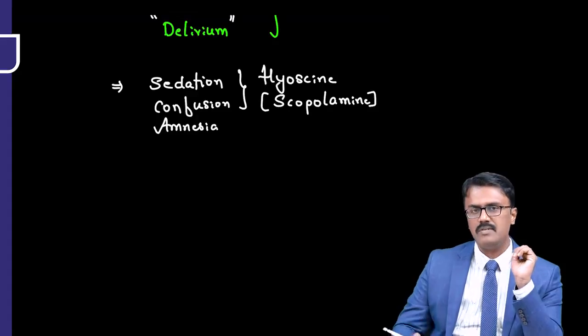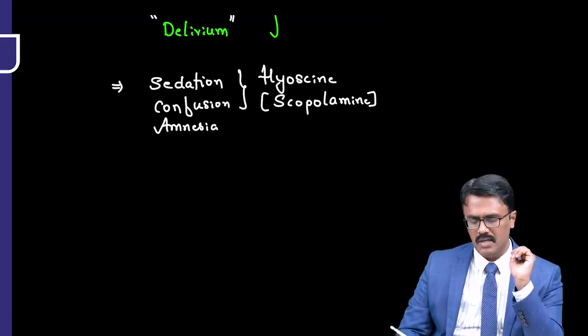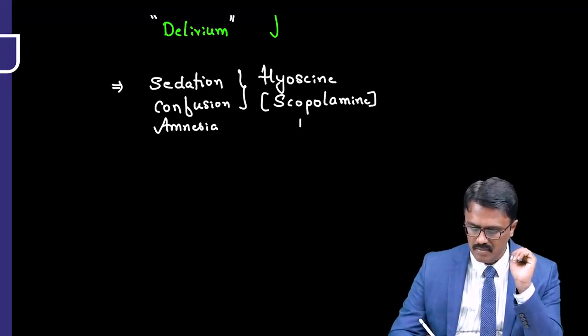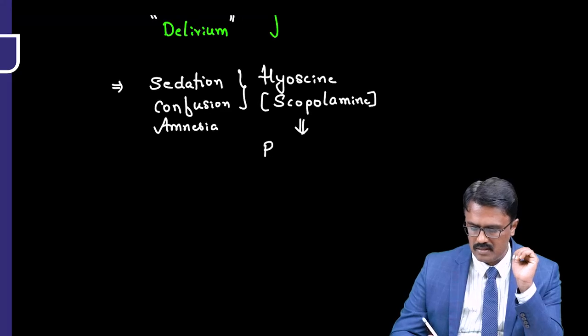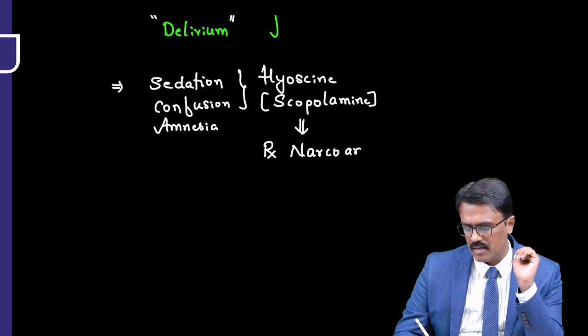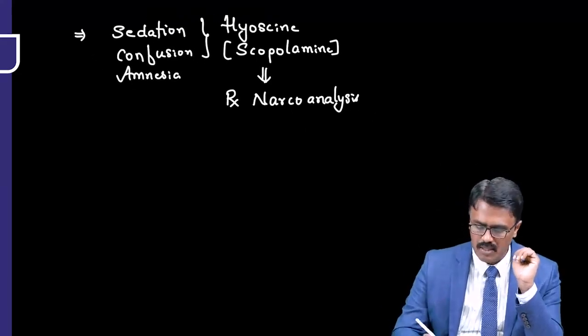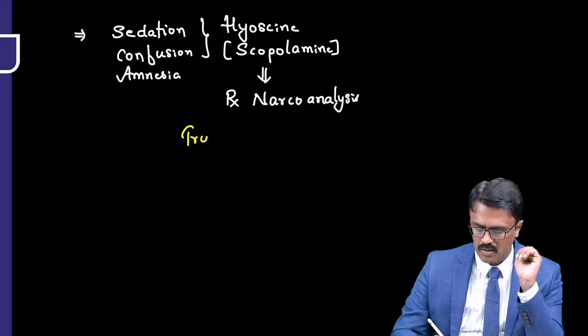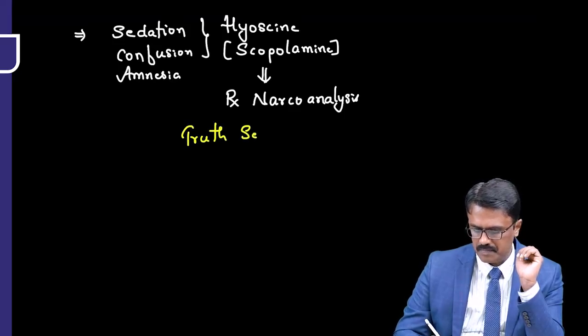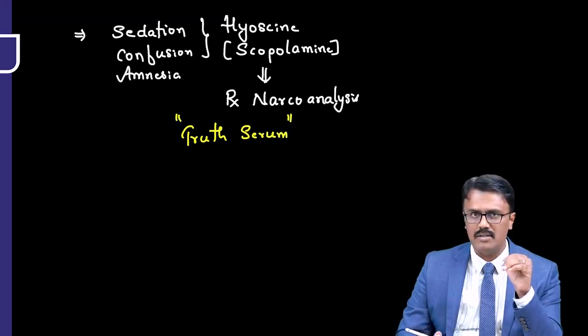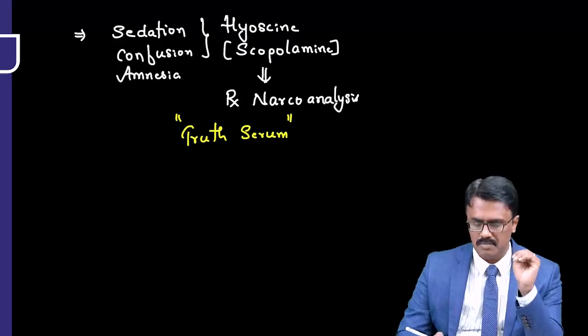So what is the advantage of hyoscine? When it causes sedation, confusion and amnesia, the drug can be used in a procedure called narcoanalysis, and we use a serum for that, called truth serum.